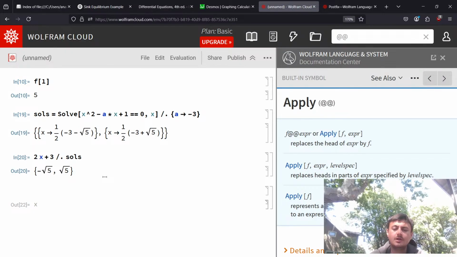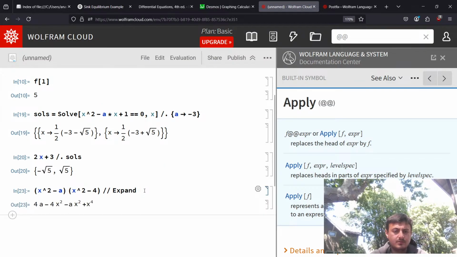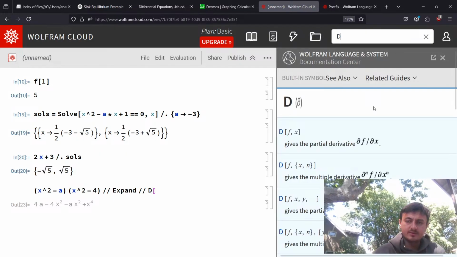I'm trying to do x squared minus a times x squared minus 4, expand. And then I want a d, but I want an operator form of d, like a one argument d.